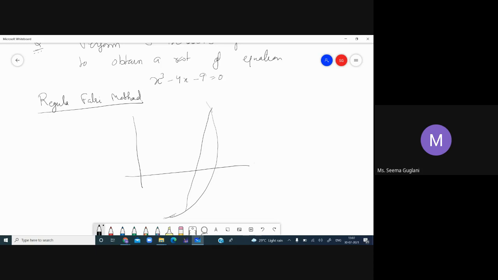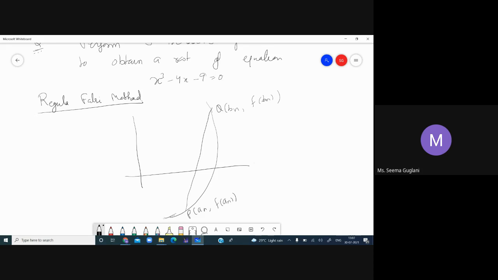Suppose this is my point P, and the other is Q. So this is a chord PQ which is intersecting the graph y is equal to f(x).